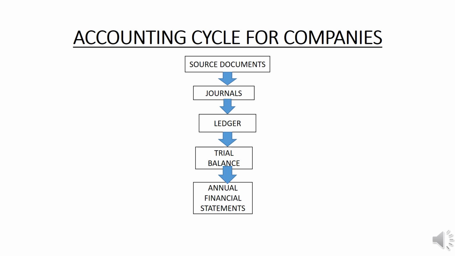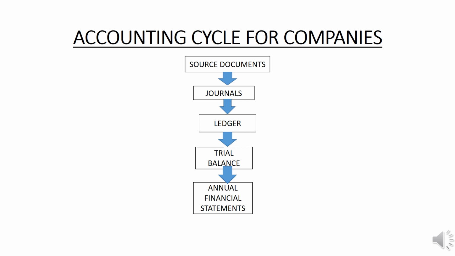Then on a monthly basis, what we normally do is post to different ledger accounts. You will have your general ledger, your debtors ledger, and your creditors ledger. So now, from your journal daily recording to your ledger accounts, we are now recording monthly.